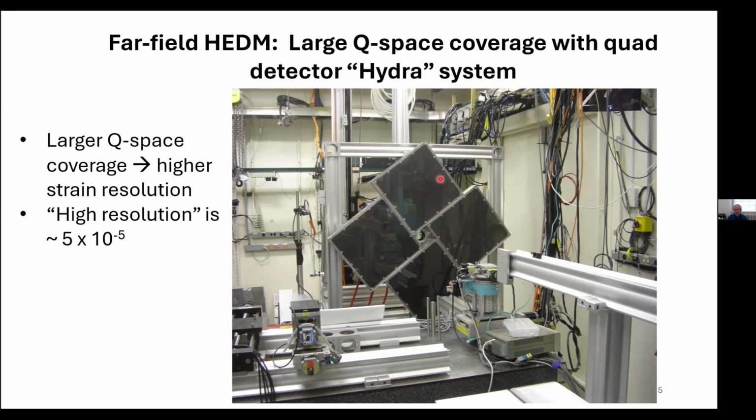This arrangement of 4 medical imaging detectors, each 40 or 60 centimeters in size, is made so that you can get out to higher angle scattering. Reciprocal space here I refer to as Q space. That higher angle scattering gives you better strain resolution. So the far field measurement is quite sensitive to small strains, as small as a few times 10 to the minus 5.